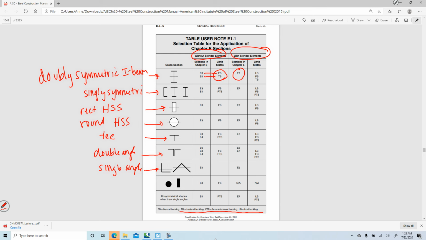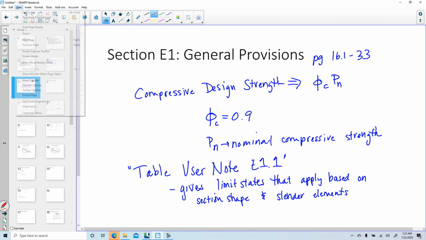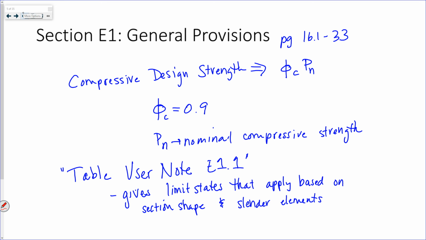Now it'd be like if they said rupture's never going to apply to a certain section, so you only have to check yielding. Not true, but it would be for that. Like there's 4 limit states, but you don't have to check all of them, is what this user note table is telling you. So that is that user note.